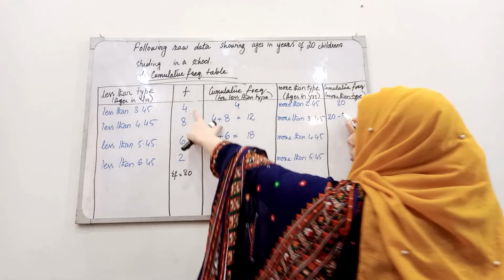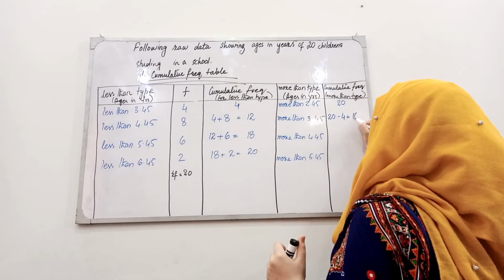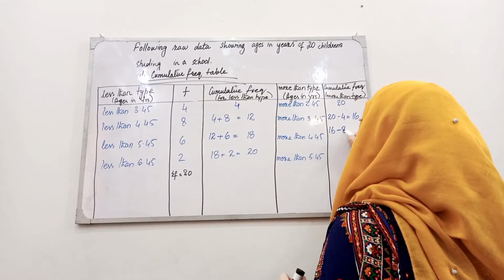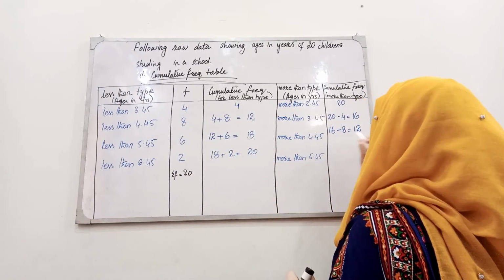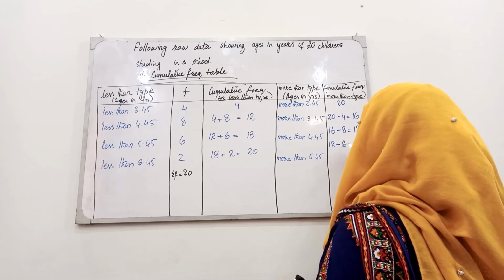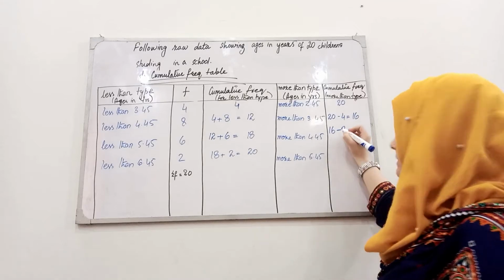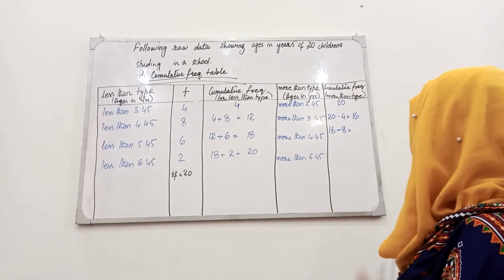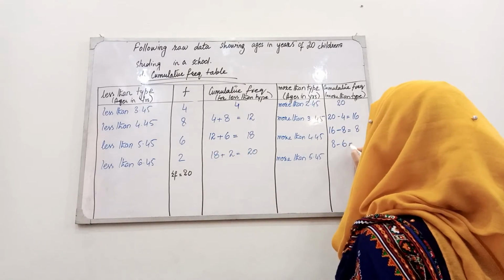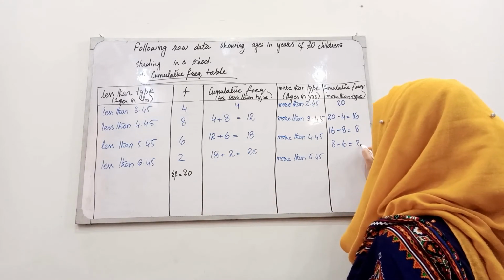20 minus 4, 16. 16 minus 8 is equal to 8. 8 minus 6 is equal to 2.